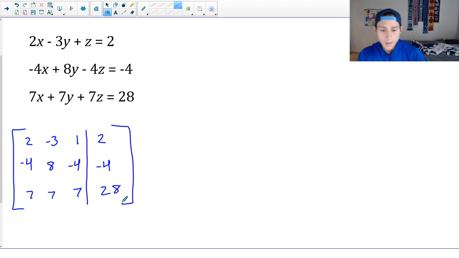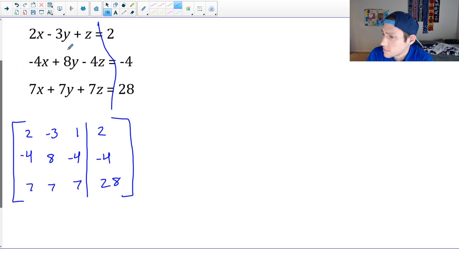So we take this and we just look at our coefficients, right? 2, -3, 1, -4, 8, -4, 7, 7, 7. And then on the right side of this vertical bar, which represents the equal sign, we have 2, -4, and 28.